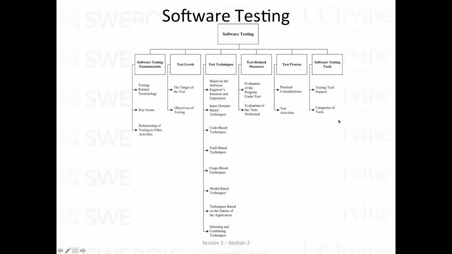And then finally, in the testing tools, what kind of test tool support do I have and what are the categories of the tools? Test tool support may be as simple as just some type of editor that I have available, or it may be as complex as having a fully automated suite and an entire set of model-based tests.